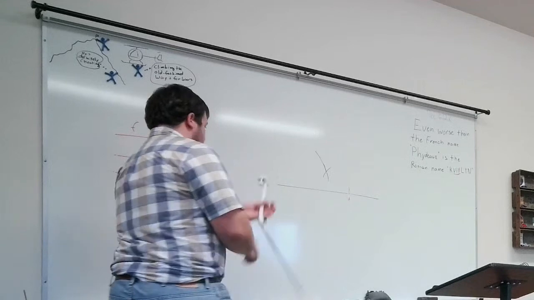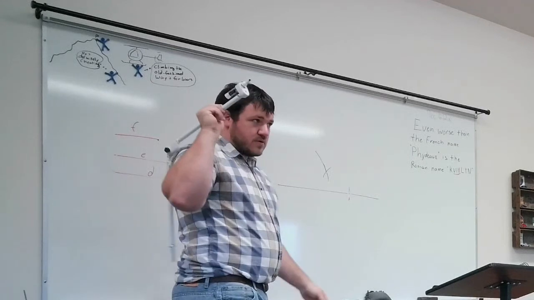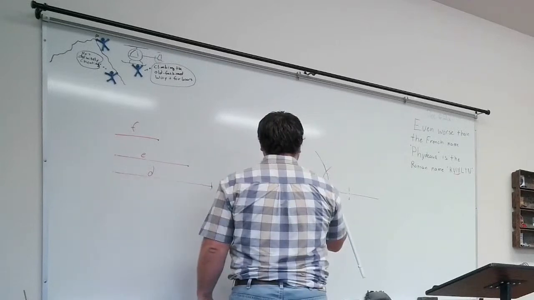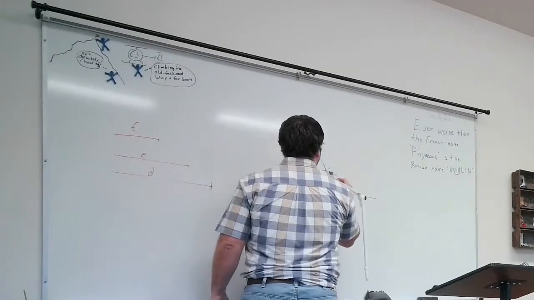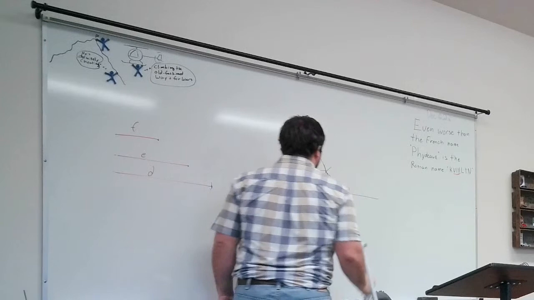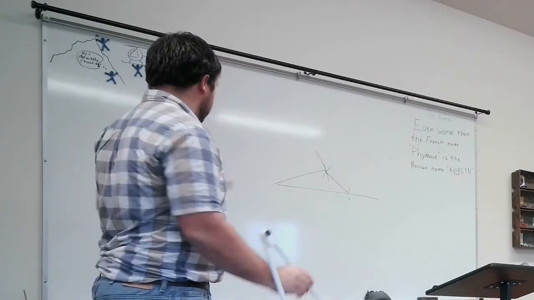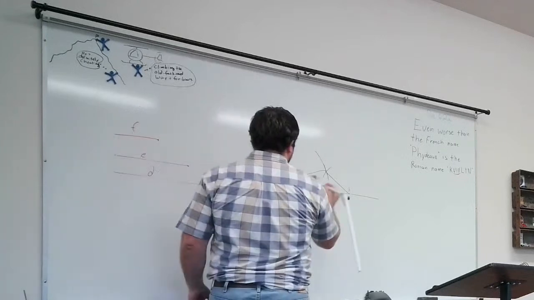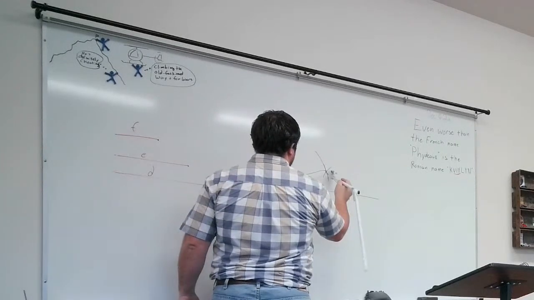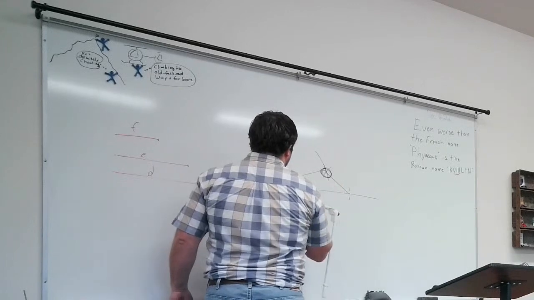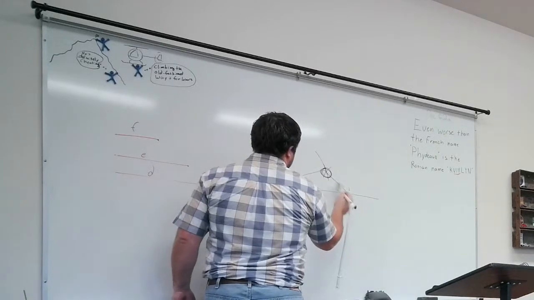Now you just have to join them. You draw a line from here to here with your ruler, and from here to here. You drew this triangle. Where these lines cross is an intersection, so you drew it from this line to this intersection, and from this line to this intersection.